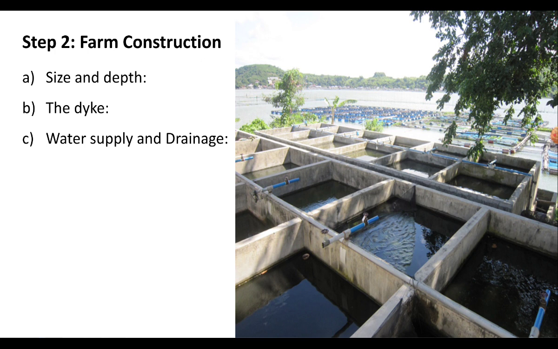For operational convenience, a minimum area of 1 acre is the widely accepted size of the farm, and depending on the local conditions, the size may vary between half to 5 hectares.